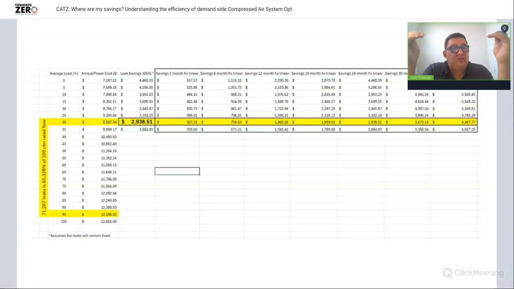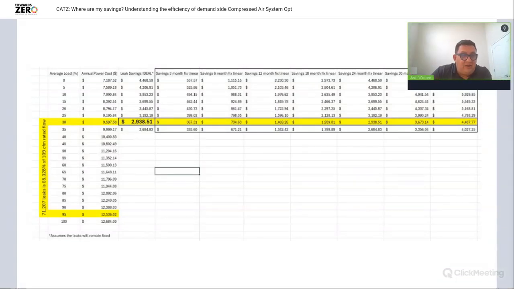If we could assume, and it's a little oversimplified, but for the purpose of training, a linear decay of optimization, then in order to save $2,900, it would have to take 2 years for that savings to decay back to the original point that we found it when we did the leak study.